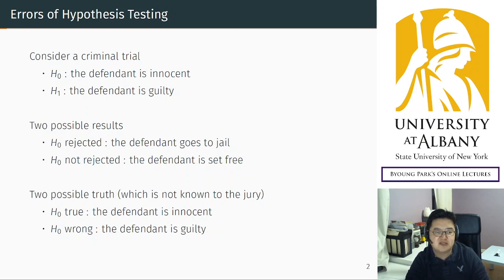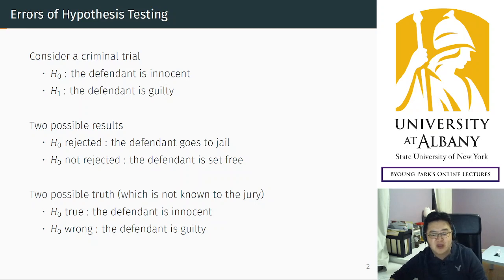If the null hypothesis is not rejected, for whatever reason, just there may be no evidence, or there could have been some strong evidence that proves the defendant innocent. Anyhow, if the null hypothesis is not rejected, that means the defendant will be set free. So these are 2 possible results that are realized in reality.